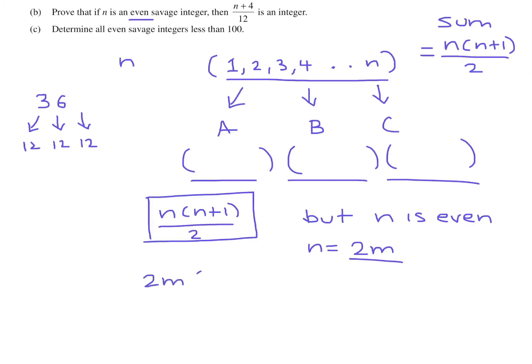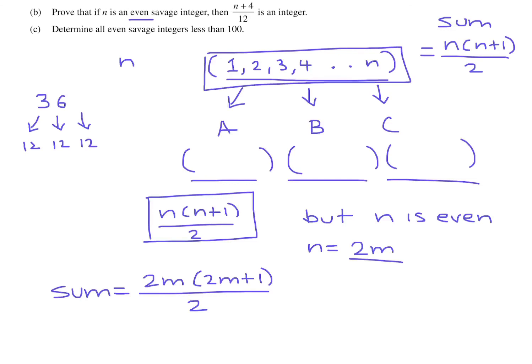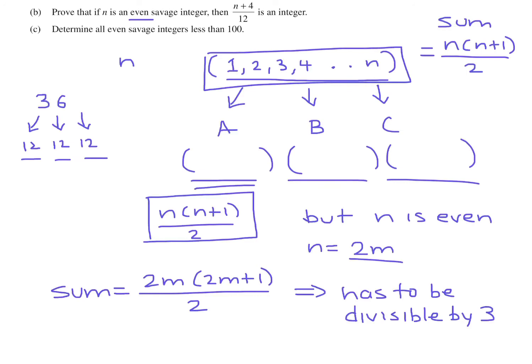So it's 2m times 2m plus 1 over 2. That's my total sum of all my numbers. Okay? And this has to be divisible by 3. Why? Because that's the only way you're going to be able to put 1/3 in each of A, B, and C.